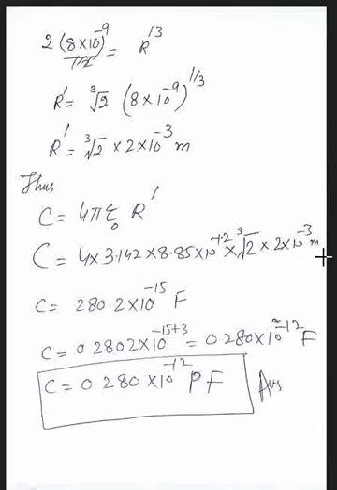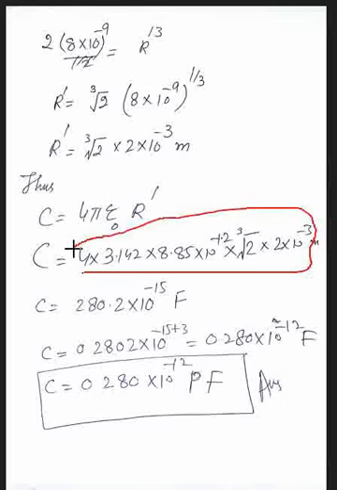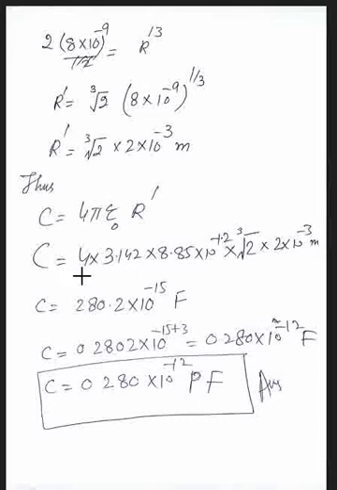When you use SI units, the capacitance unit will be farad. Just multiply these and use the calculator, and this will become equal to 280.2 into 10 to the minus 15 farad.